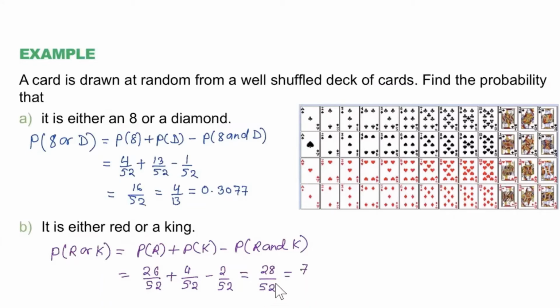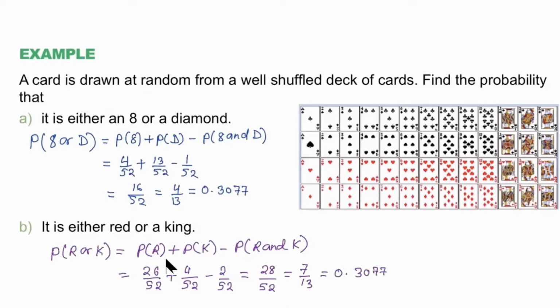You can divide this by 4 and you'll get 13. So 7 over 13. You can leave your answer there, or you can divide 7 by 13 and write that as a decimal.